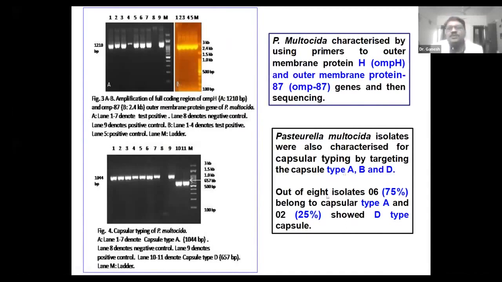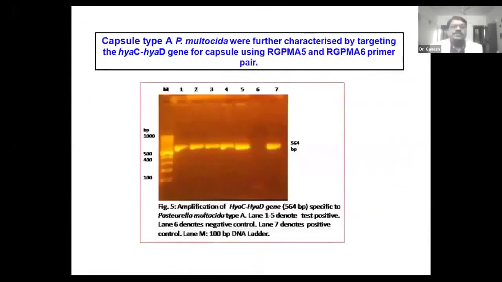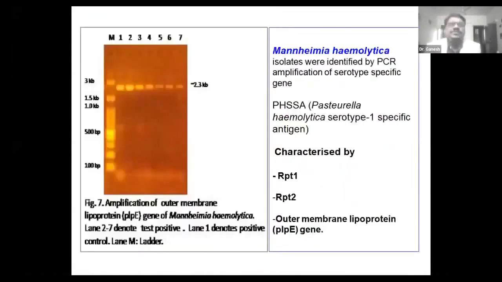And we found that out of 8 isolates of Pasteurella multocida, 6 were of capsular type A and 2 were of capsular type D. B was absent. Then this capsular type A Pasteurella multocida was characterized by other genes for further classification.